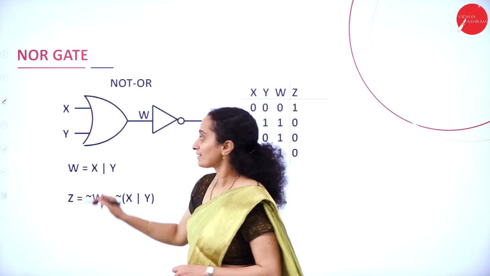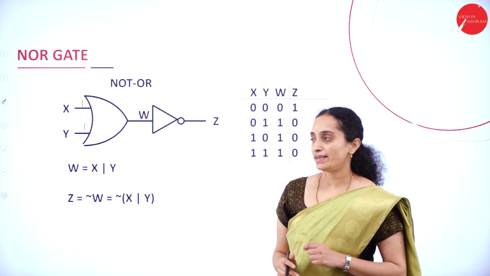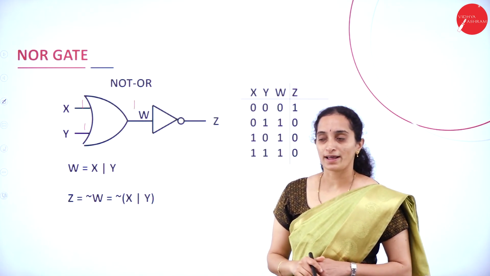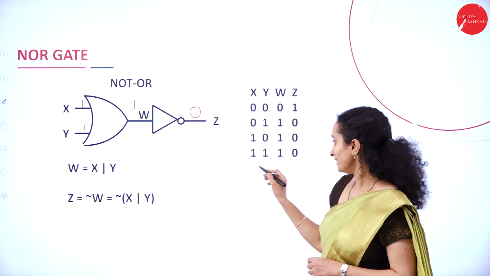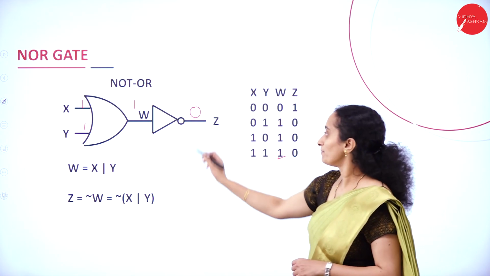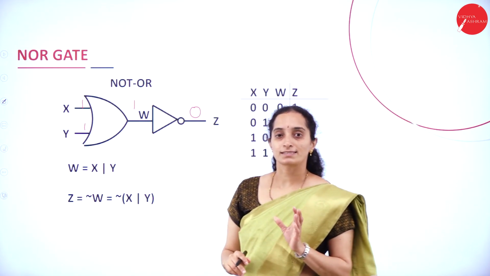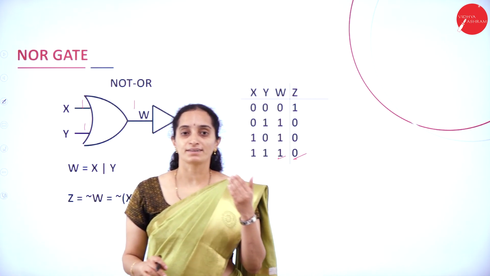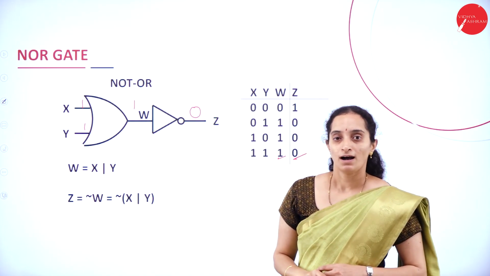The last case is when X is 1 and Y is 1. 1 plus 1 will give you 1. When it passes through the NOT gate, it will become 0. This is exactly the reverse of the OR operation. NAND is the reverse of the AND and NOR is the reverse of the OR.